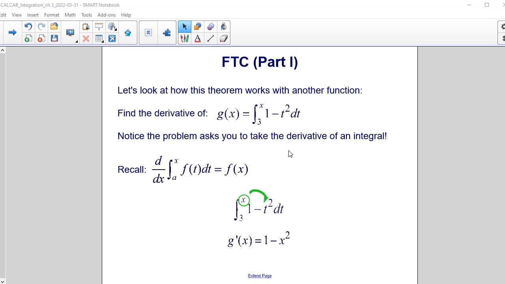We could have done a series of work where we found the integral, evaluated it from 3 to x, then differentiated it. But earlier we discovered that the derivative with respect to x of the integral from a to x of f of t dt is equal to f of x. So all we need to do is substitute x in for t, and we know that g prime of x is equal to 1 minus x squared.